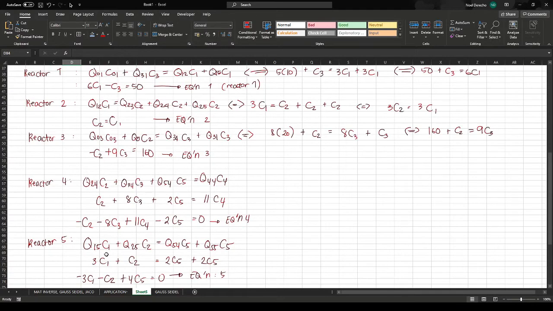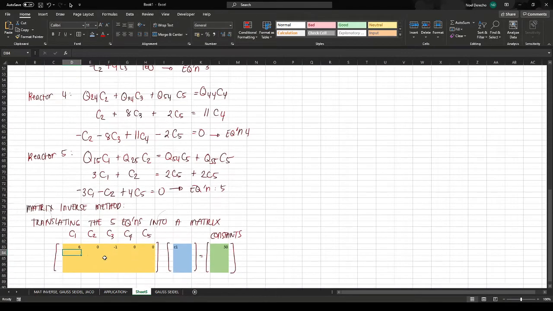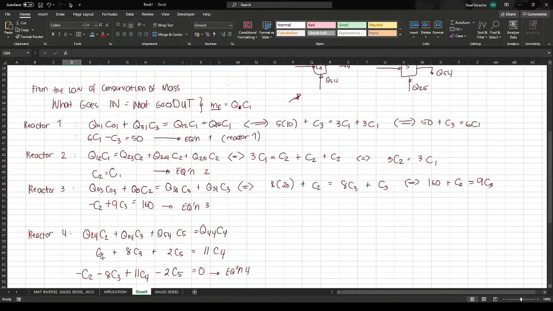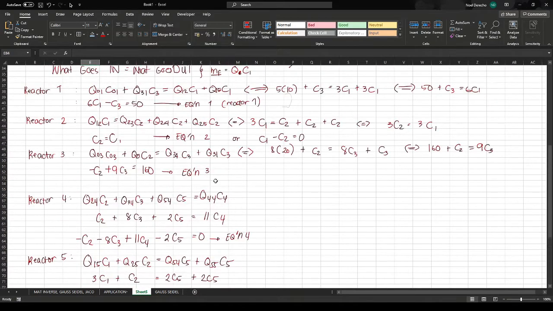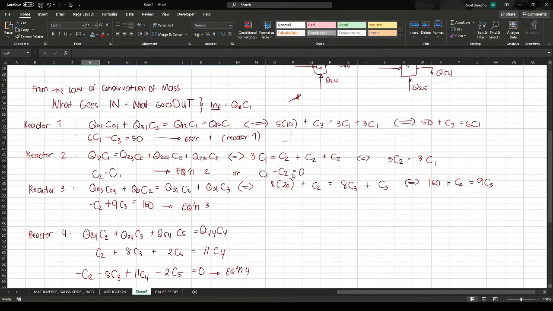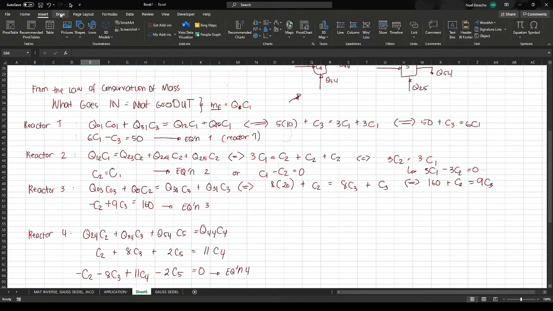Okay, for equation 2, we have C2 is equals to C1, or C1 minus C2 is equals to 0. So that should be 1. From the original, that should be 3C1 minus 3C2 is equals to 0. So let's just correct this.